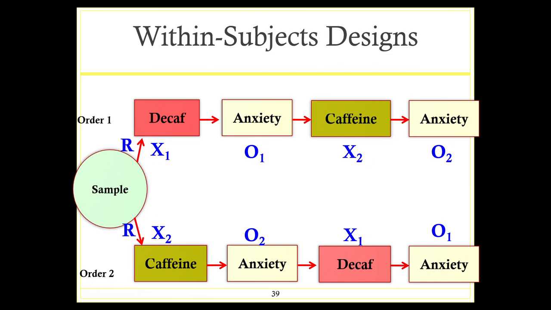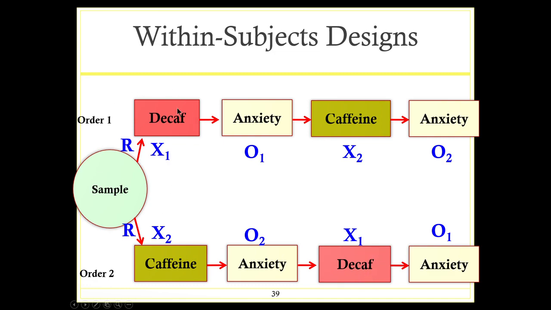So here is one example with order effect and carryover effect being taken care of. Here you can see this is a study about, again, whether caffeine can lead to an increase in anxiety. You can present participants with decaf drinks first, and then regular drinks with caffeine, or you can present participants with the caffeine drinks first and then decaf drinks.